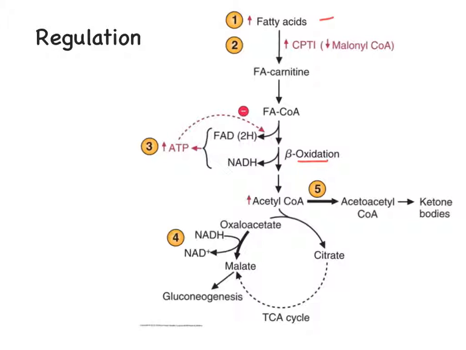As we go through this cycle and produce more and more ATP, as the concentration of ATP and NADH increase, that's going to slow down the citric acid cycle, and we'll be diverting more of this acetyl-CoA into forming ketone bodies to ensure that the brain has energy, and then we'll also be converting the oxaloacetate into malate so we can undergo gluconeogenesis. So that's how we regulate these pathways.